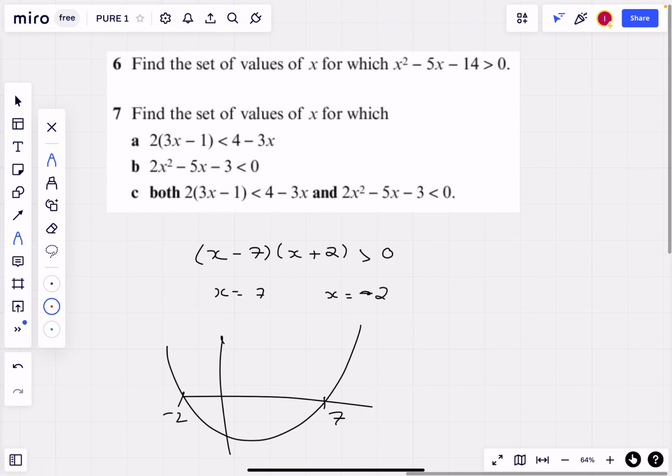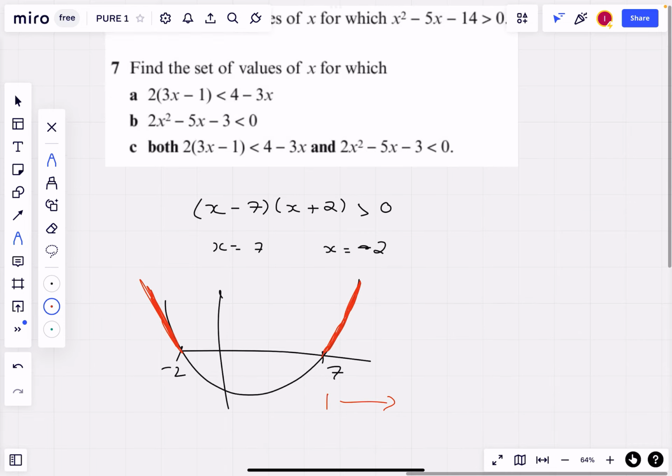So you're going to highlight from 7 and up, and from minus 2 backwards. So the inequalities which satisfy that are x is greater than 7 and x is less than minus 2. Because the arrows are going away from each other, we can't combine them. They stay separate. So x is less than minus 2 or x is greater than 7. Cool.